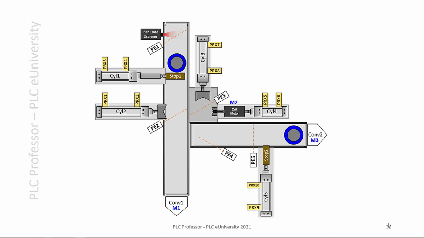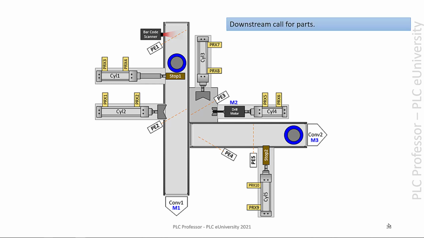Now, once the downstream cell, whatever's off to the right, calls for parts, then we retract stop 2 and energize the finished product conveyor to move it off down to the next conveyor. In the meantime, we had a part show up at the barcode scanner, photo eye 1, and because we weren't really done yet, we kicked out the stop to hold it there until we're ready for it.